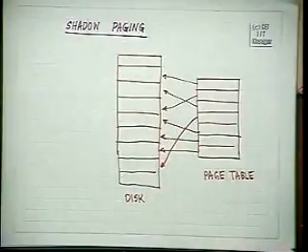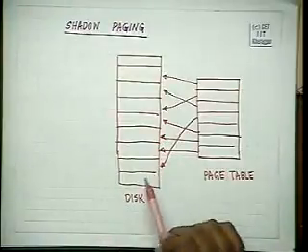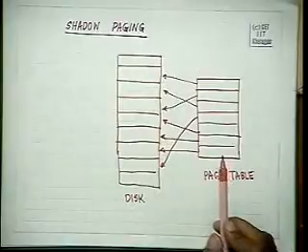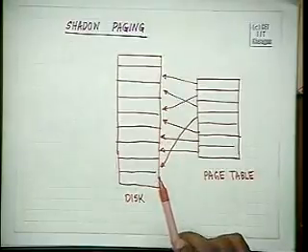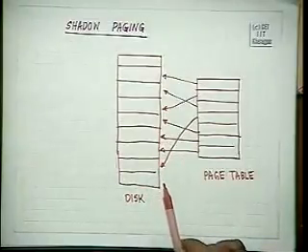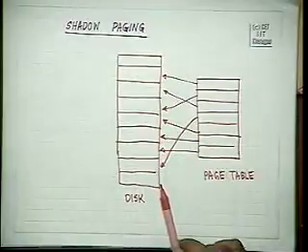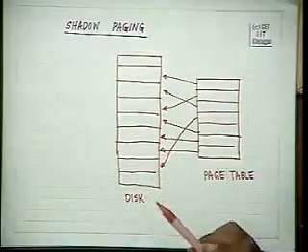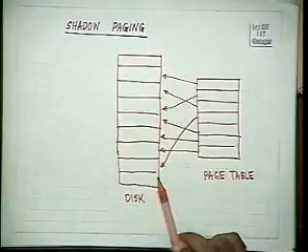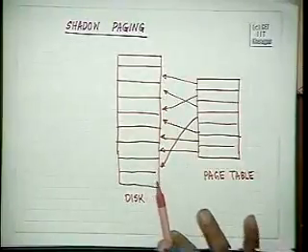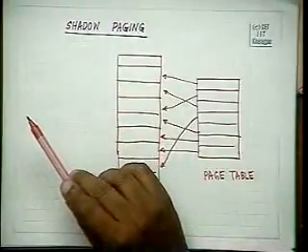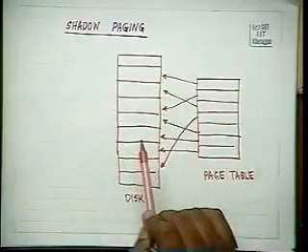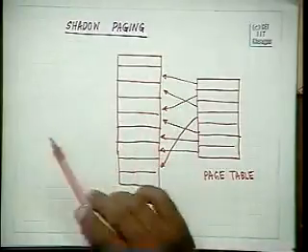Now the concept of shadow paging is, for a page which is currently being used and brought from the disk to the memory, you maintain what is called a shadow page. That is, in the disk you maintain two states of that page, in spite of immediate modification or deferred modification. One state is the current page, which is the current state, and if there is any modification in the memory and it is written onto the disk immediately or after some time, that remains.